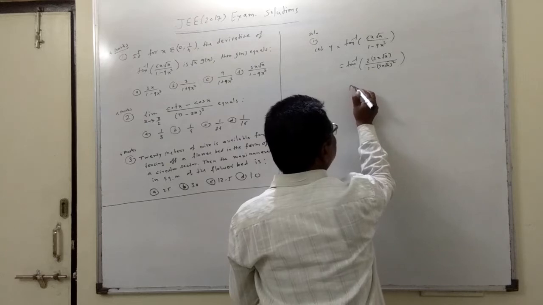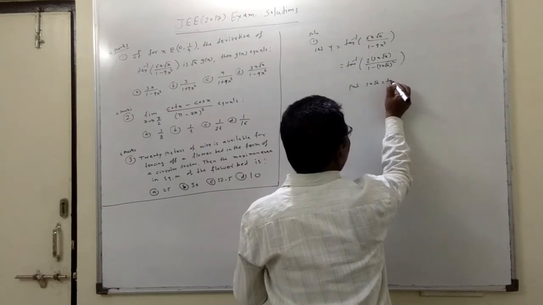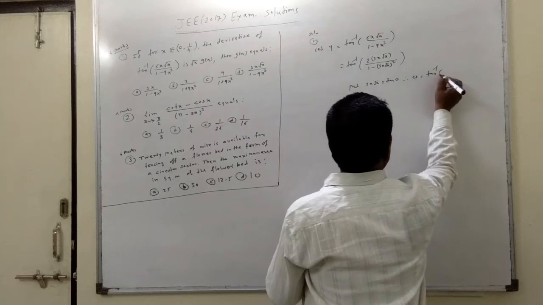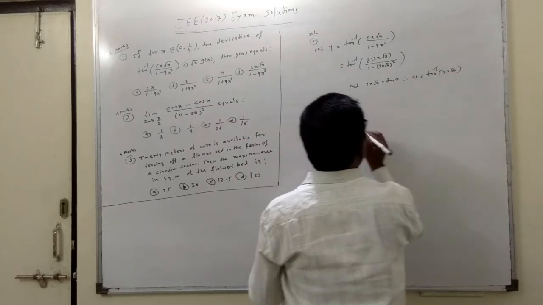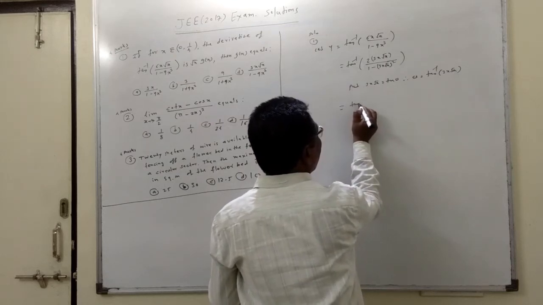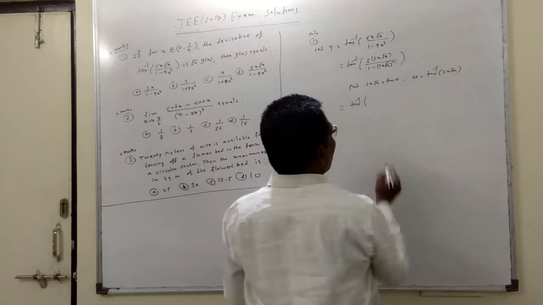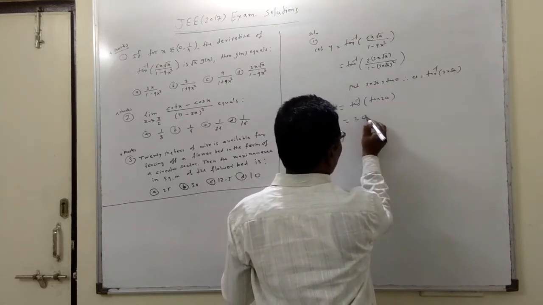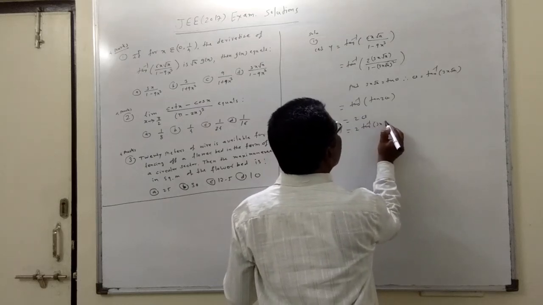Now if we put 3x root x as tan theta, therefore theta is equal to tan inverse 3x root x, and this is nothing but tan inverse of 2 tan theta upon 1 minus tan square theta, which is tan 2 theta. Now tan inverse tan cancels, so we get 2 theta, so 2 tan inverse 3x root x.